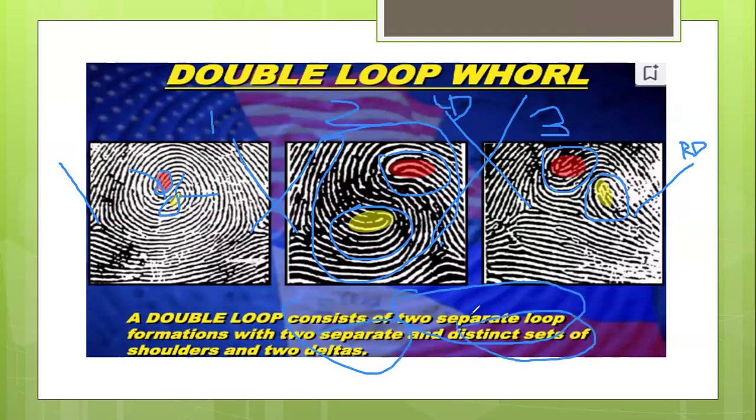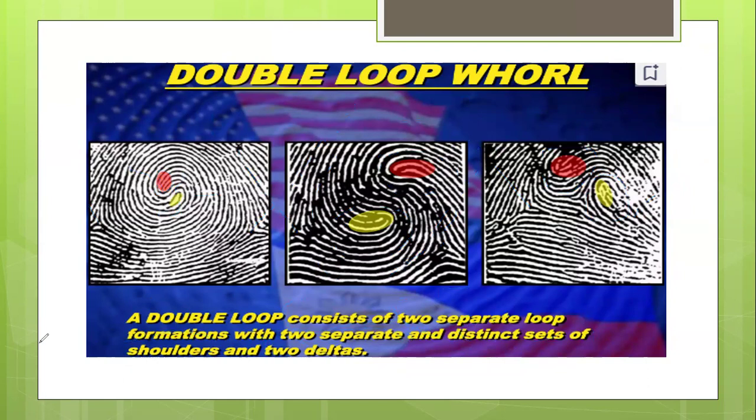Separate and distinct shoulders and having two deltas. Mayroon bang mga delta ito? Left delta and right delta? Mayroon ba siyang two separate distinct loops? Mayroon. Mayroon ba siyang mga shoulders? Separate? Mayroon. That is why it qualifies into a double loop whorl pattern. Clear? Okay. Let's proceed.